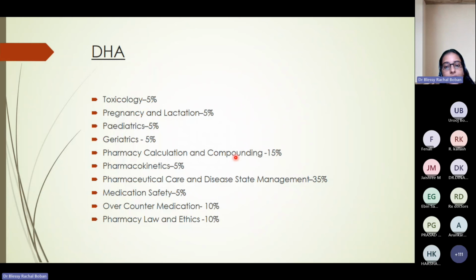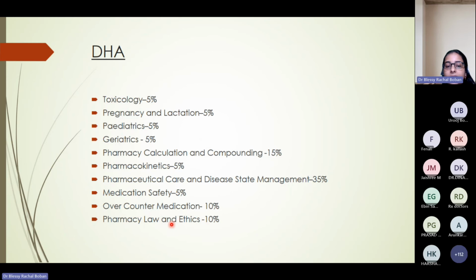And pharmacy calculation and compounding, that is also very important. Then pharmacokinetics, pharmacodynamic related topics, the pharmaceutical care and disease state management, like public health related topics, medication safety, and it will include storage of medication, stability, etc. Then OTC medications, over-the-counter medications, and pharmacy law and ethics.